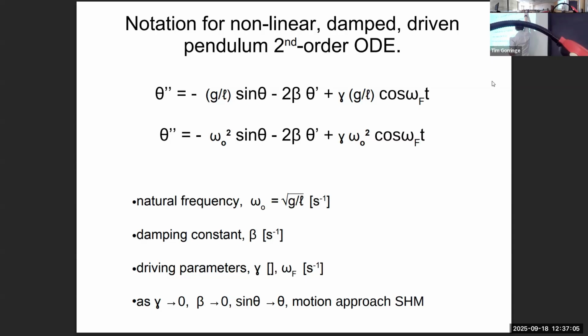I wrote it in these two equivalent ways. This one uses g over L, which describes the pendulum. This second version uses the fact that the square root of g over L is omega naught, so g over L is omega naught squared. So this is another way that we can write the pendulum equation.